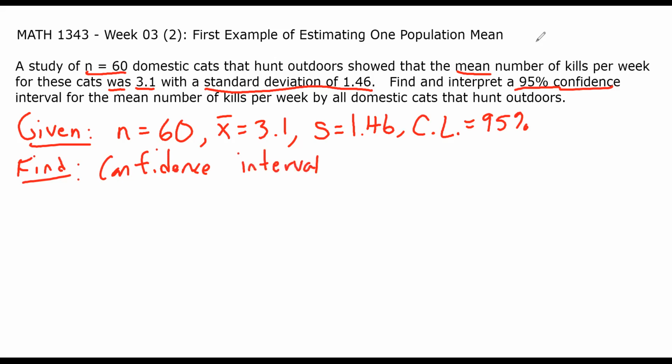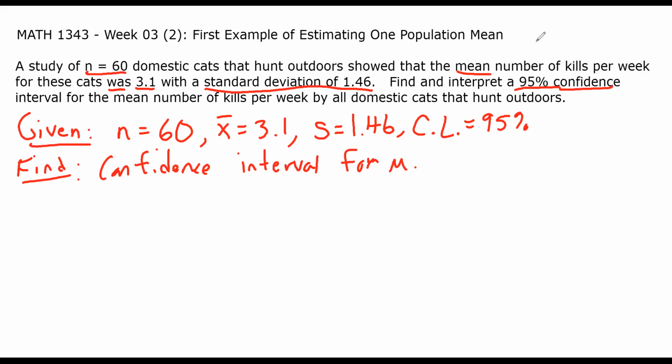I would write down the givens. You don't have to rewrite the question or what your goal is. In this case, it's to find a confidence interval for mu. But this is how you attack word problems in general. You write down everything they give you, and then you write down what they want you to find, and then you bridge the gap between what you know and what you want to know.